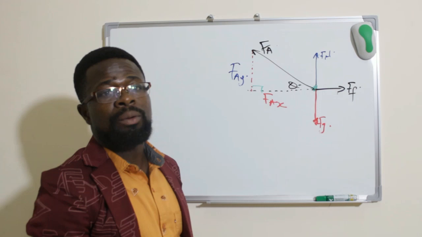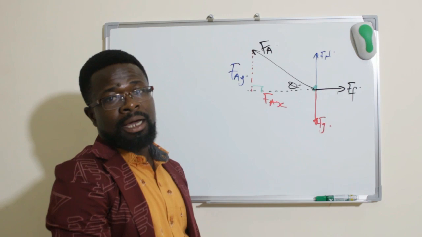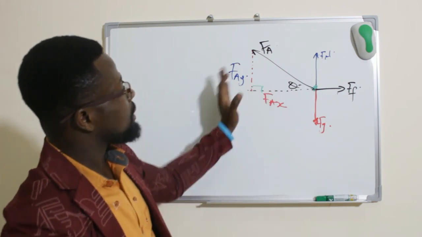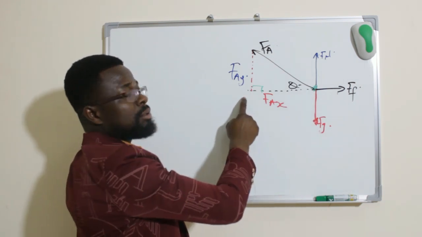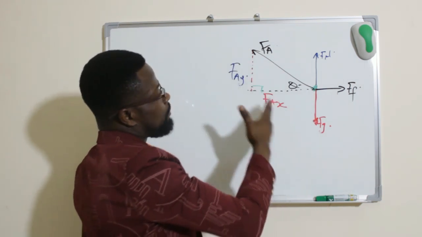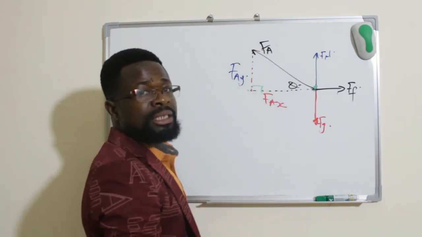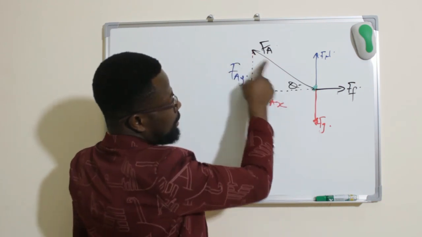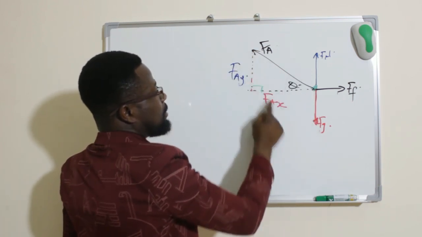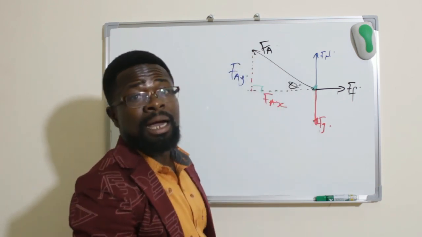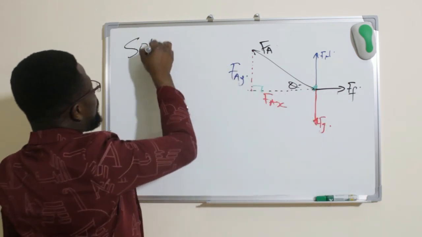Let's look at a situation where the applied force is inclined. If the applied force is inclined, we are going to have the horizontal part of the applied force and the vertical part of the applied force. Which simply implies we're going to have a right angle triangle. And if you're having a right angle triangle, we can apply our trigonometry and make use of our SOHCAHTOA.